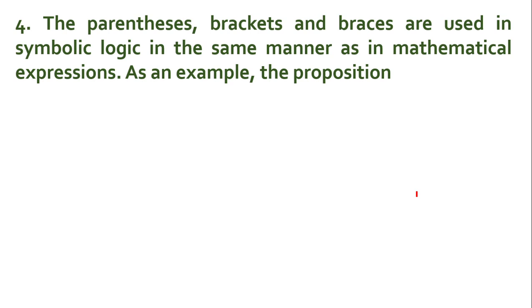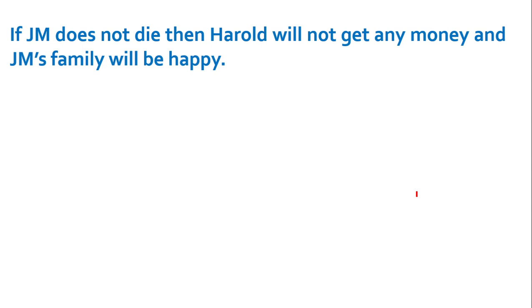As an example, the proposition: if JM does not die, then Harold will not get any money, and JM's family will be happy. Nakita niyo highlight ko yan. Yung if, yun yung mga connecting natin.